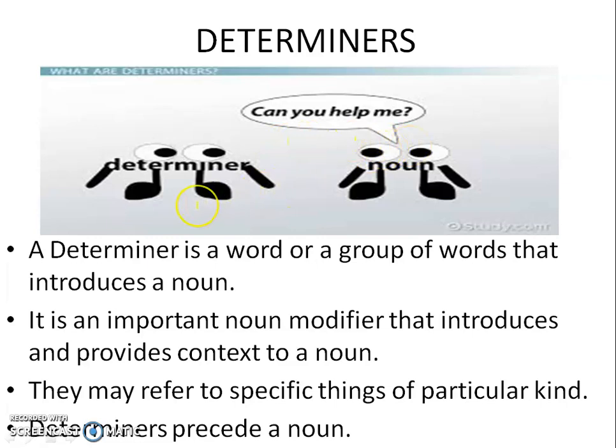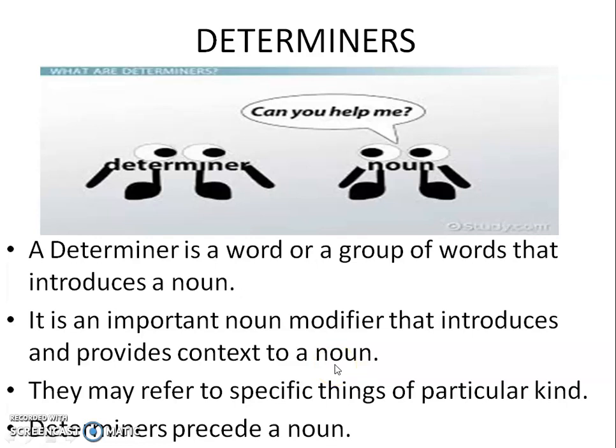So a determiner helps the noun. It is an important noun modifier that introduces and provides context to a noun, right? So it helps the noun to modify itself.